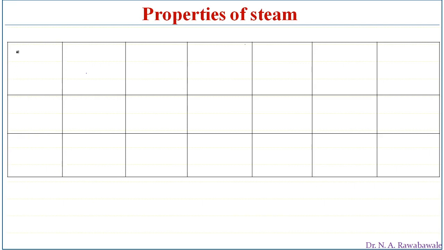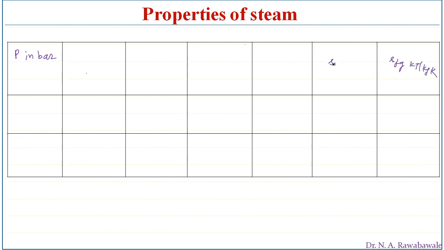Here we take pressure P in bar. And second, we take SFG, entropy of steam, in kilojoules per kg Kelvin.